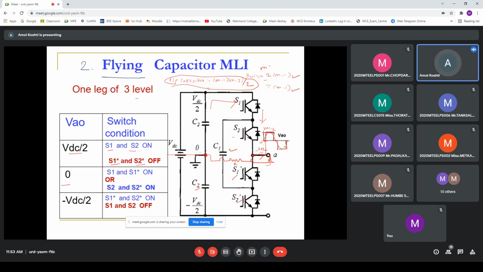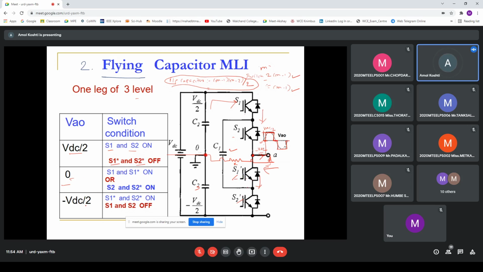If we turn on S2 and S2 dash, even though S2 dash is on, S1 dash is off, so no current will flow in the opposite direction either. That is the reason 0 output will be produced here.